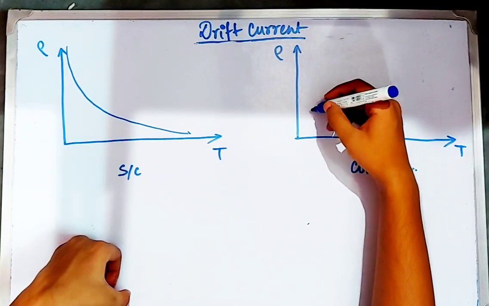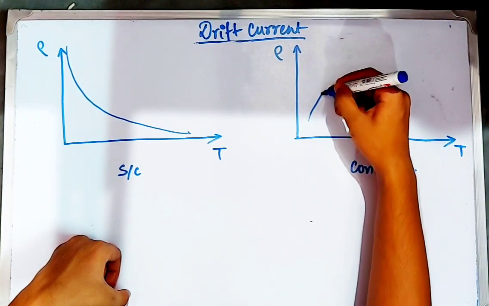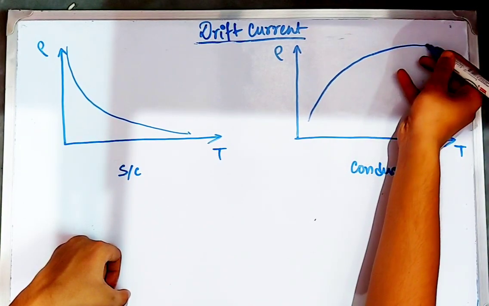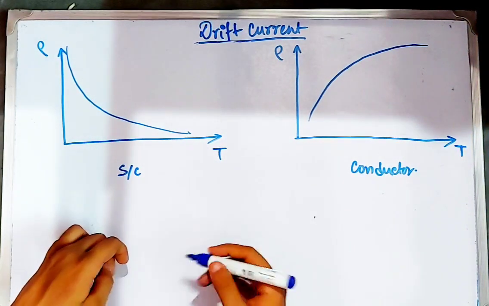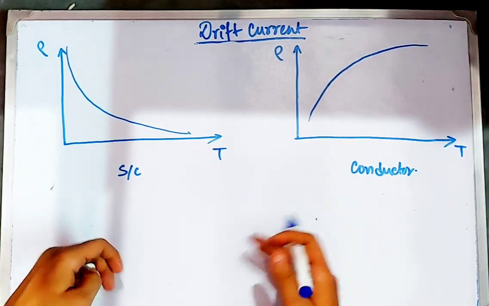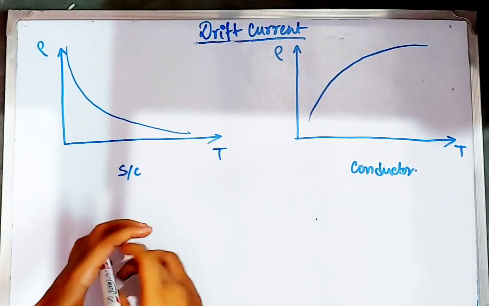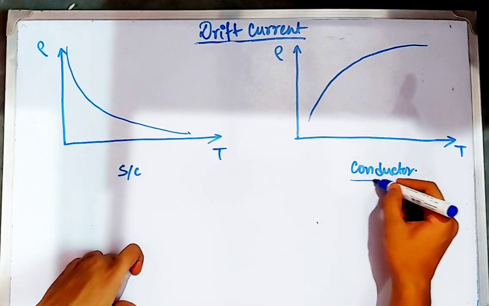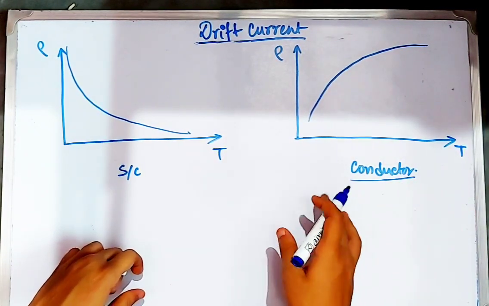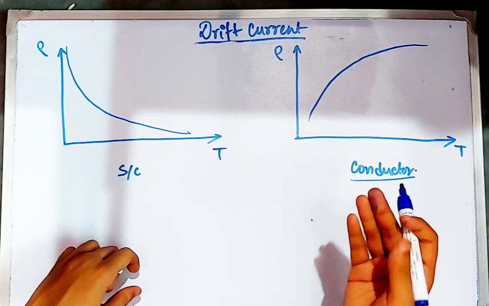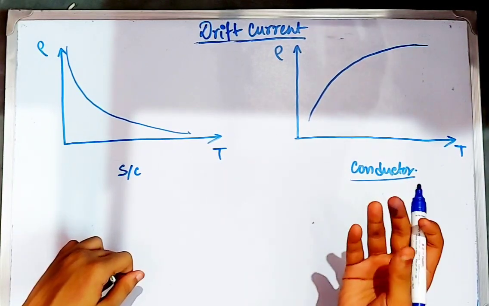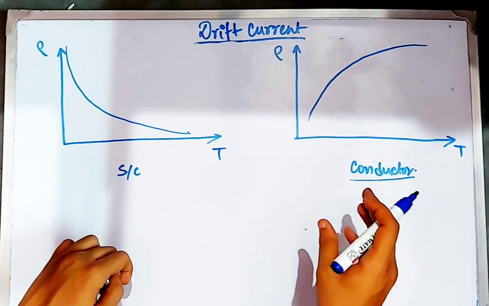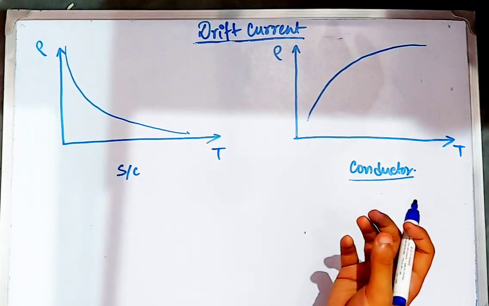But in case of metal, the resistivity increases with the increase of temperature. That means if I increase the temperature, the resistivity, or I will say the resistance, of the conductor gets increased.